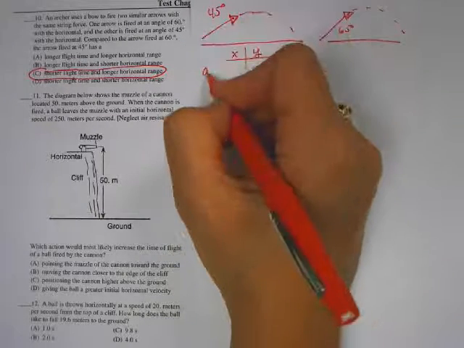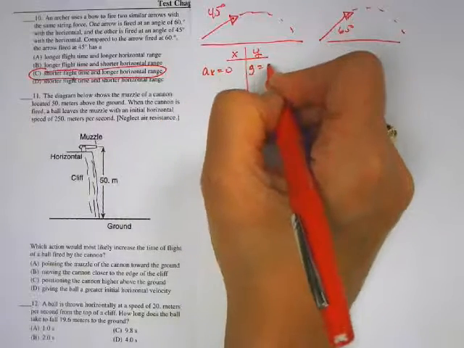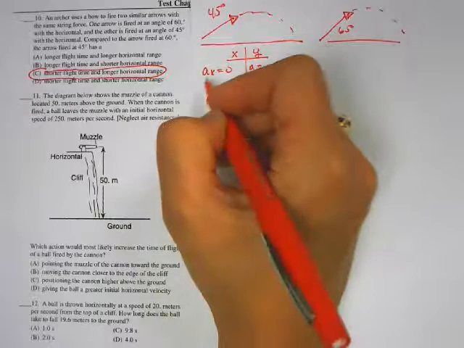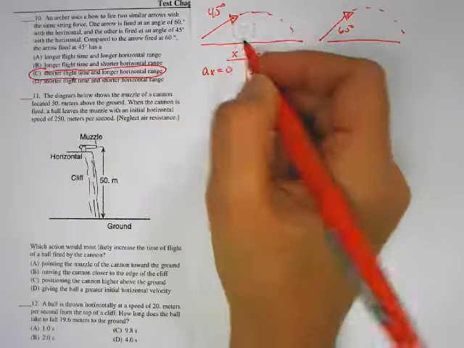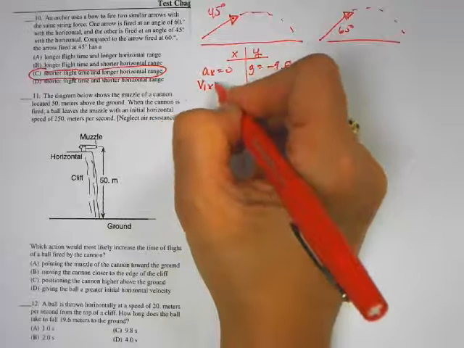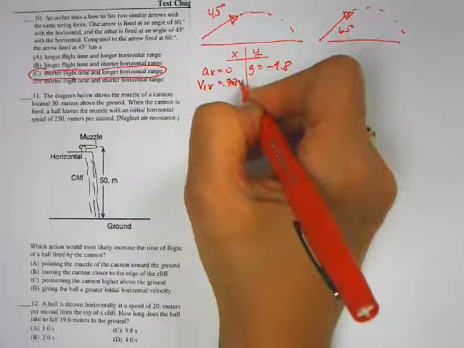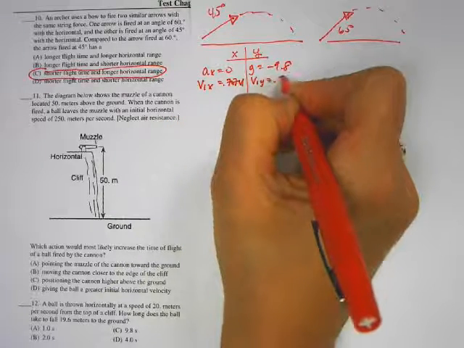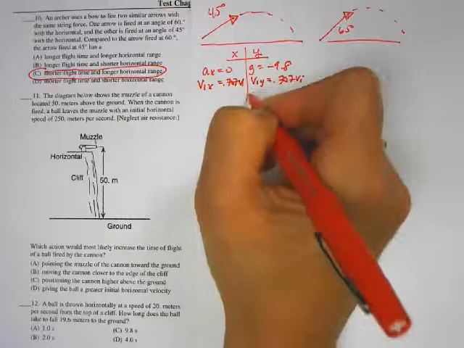So ax is 0, g is equal to negative 9.8. If I wanted to find the horizontal and vertical components of these, again, vix is equal to 0.707 vi, viy is 0.707 vi, and I know that y is 0.